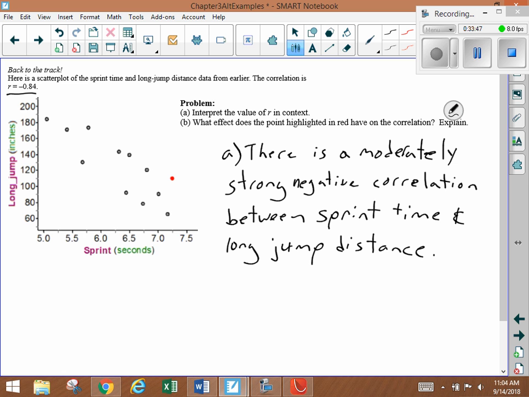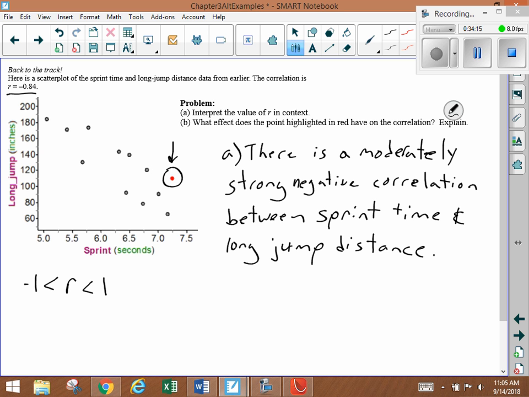All right, this point right here. What do you think it's going to do to the correlation? Remember, this R value, correlation, is between -1 and 1.